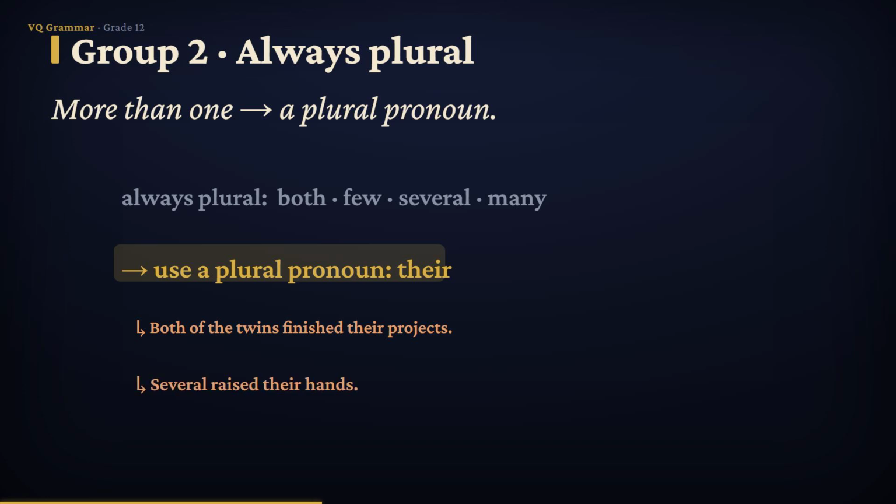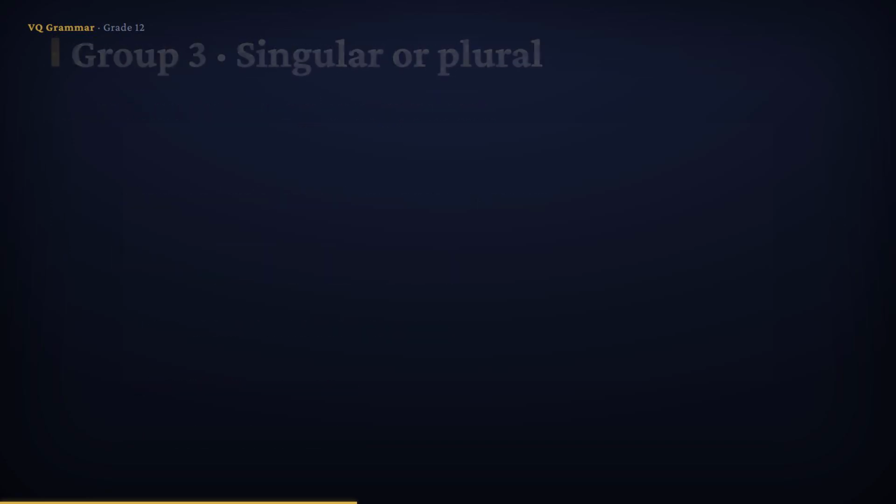Several raised their hands. Many admitted their mistakes. Few changed their minds. In every case, the pronoun is their, because both, several, many, and few name a group of more than one. Just 4 words to memorize: both, few, several, many. And they always take a plural pronoun.